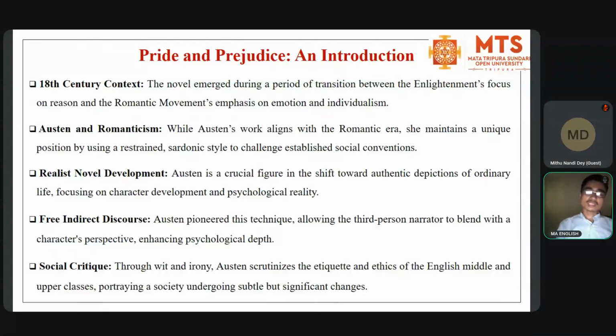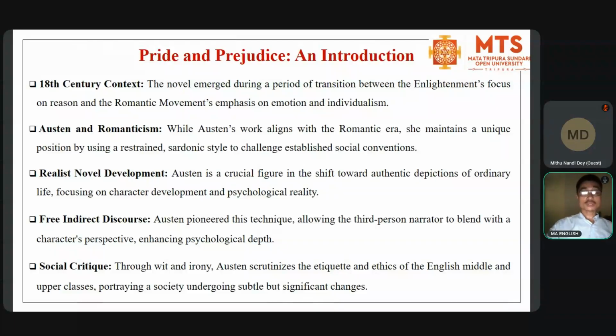Pride and Prejudice is one such text, dealing with Mrs. Bennet's tension about getting her daughters married off, which, even after 200 or 250 years, is still relatable to us.